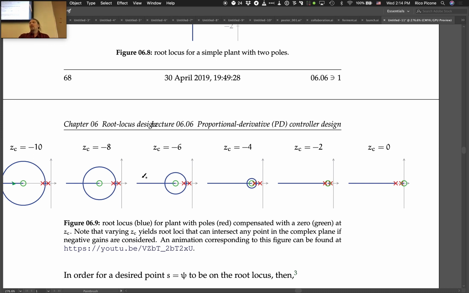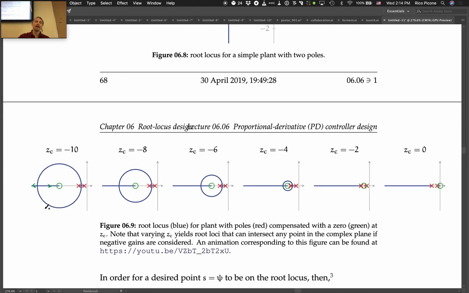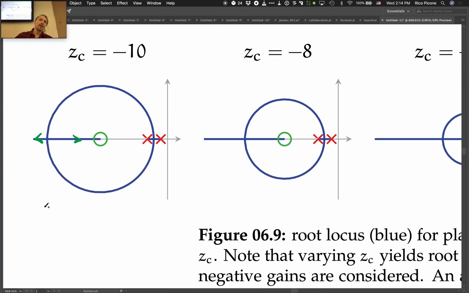But if you're just guessing and checking, that's not going to do it for us, right? What we want is to have some point in the plane. Say that point is right here, and we want to say, okay, I want my locus to go through that point in the complex plane, and therefore the question is, what ZC is going to correspond to that?